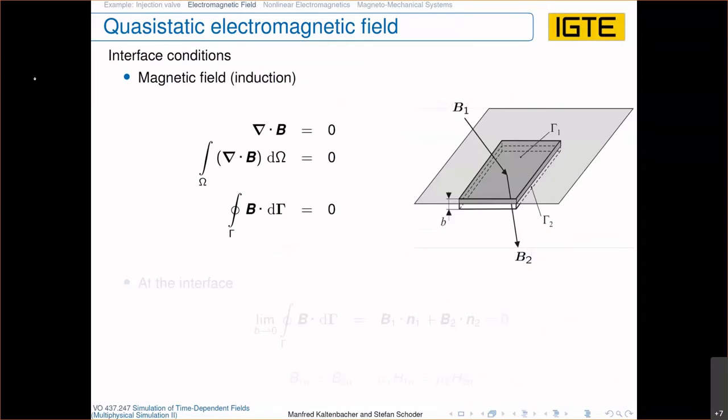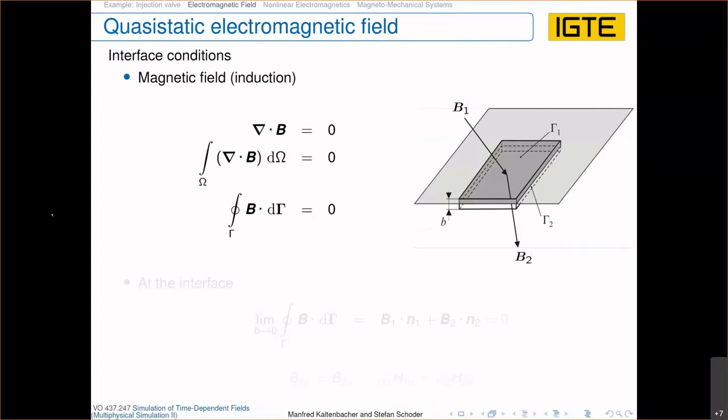What is also a very important part within the modeling and numerical simulation of electromagnetic fields is to know about the interface conditions, sometimes also called transition conditions, which means how the magnetic field behaves when it comes from a material with material parameters being different in subdomain 1 and 2.